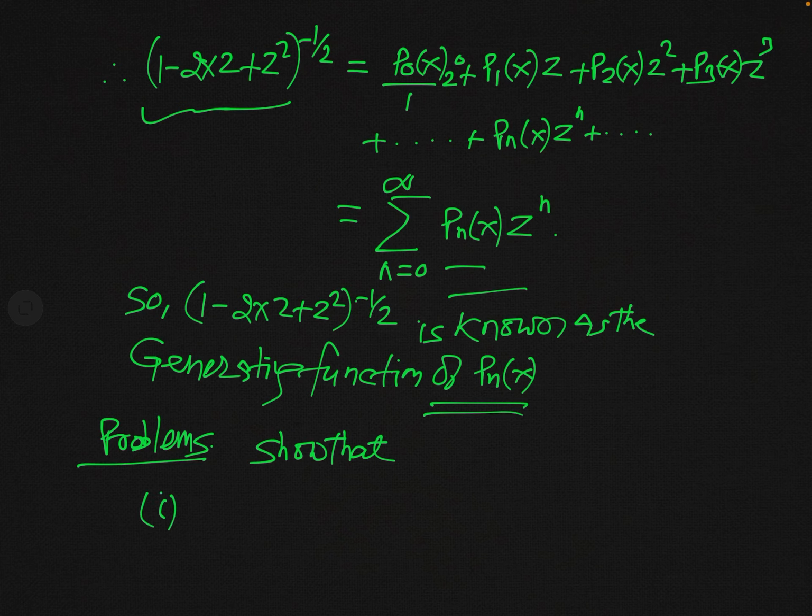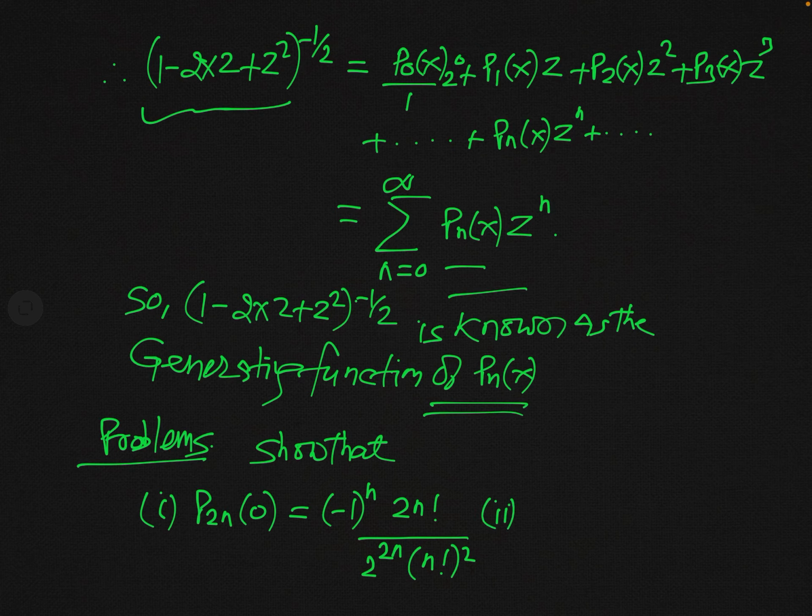In this problem we have to show, number 1, that P2n of 0, where x is 0 here, is equal to minus 1 to the power n into 2n factorial divided by 2 to the power 2n into factorial n square.